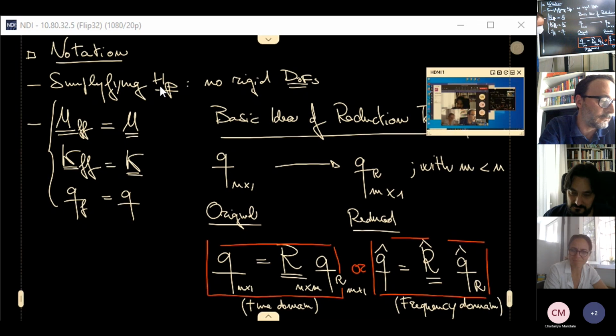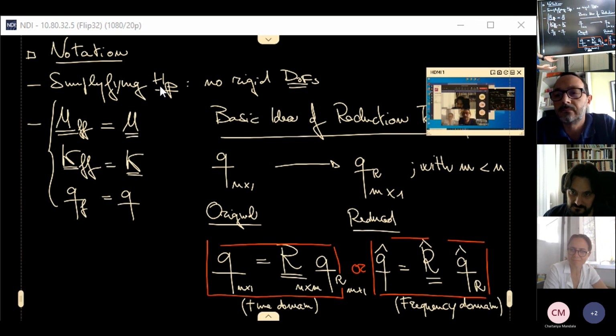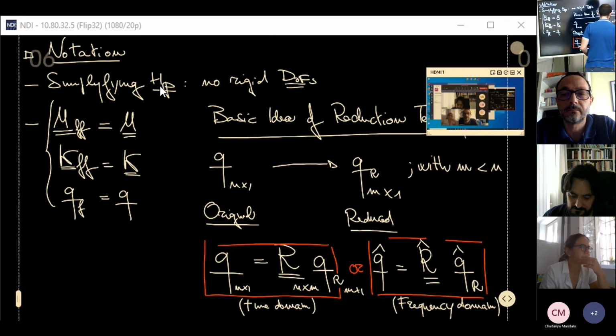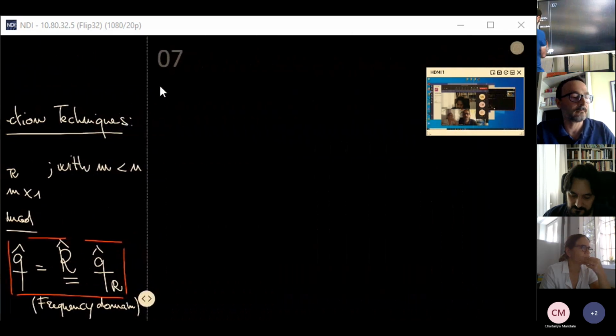Now, can we always apply this? Well, no. There are some hypotheses that have to be fulfilled in order to apply this kind of transformation. Okay, let's see what they are.